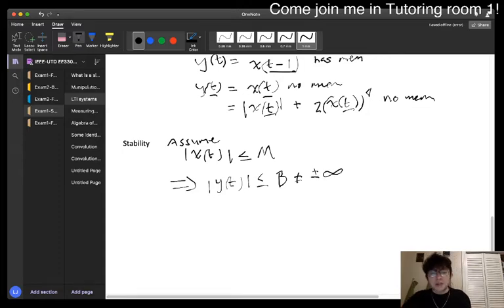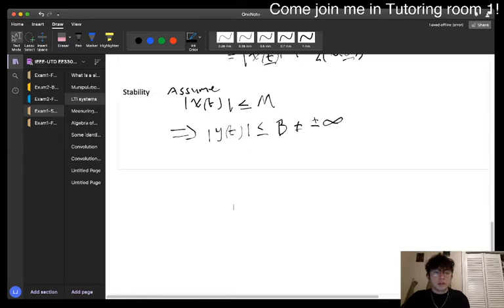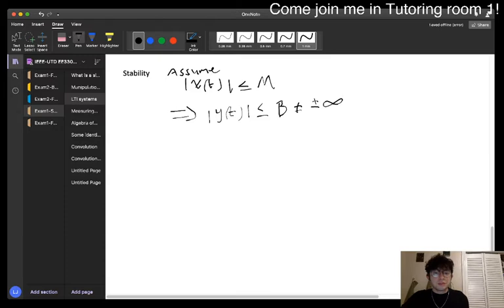So a simple example real quick is if we have the system y of t equals x of t plus a times x of t minus 1.